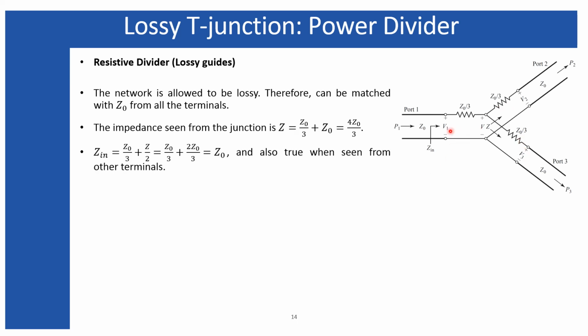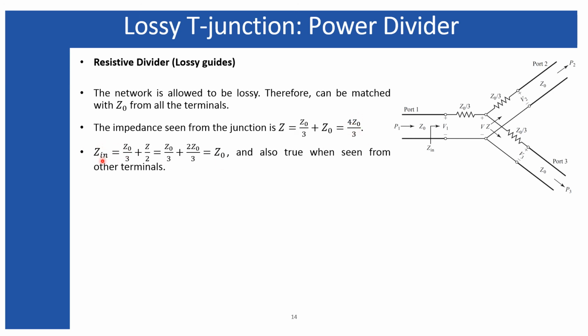Now the input impedance when you are looking from this terminal is Z0 divided by 3, the lossy impedance for the input guide, plus the parallel combination of these two guides. Since these two guides have equal impedance, 4 times Z0 divided by 3, their parallel combination will be half of this one.